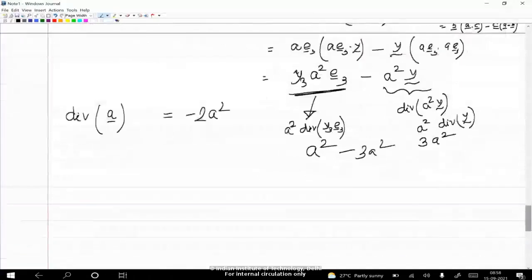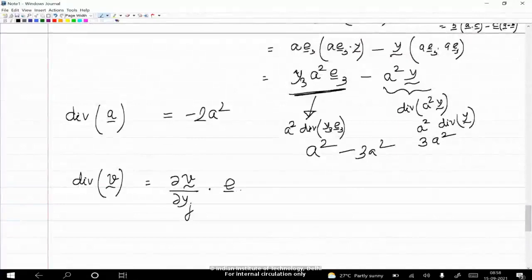To find divergence, you can use the formula that we had mentioned earlier. So for example, the divergence of any vector v is del v over del yj dot ej. That's the divergence for a vector.